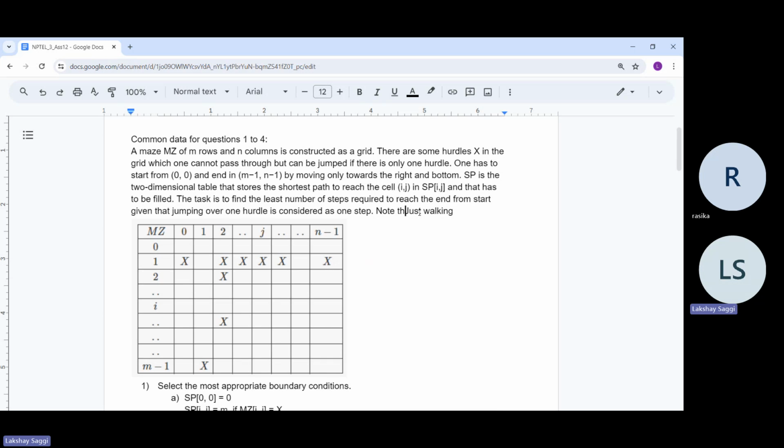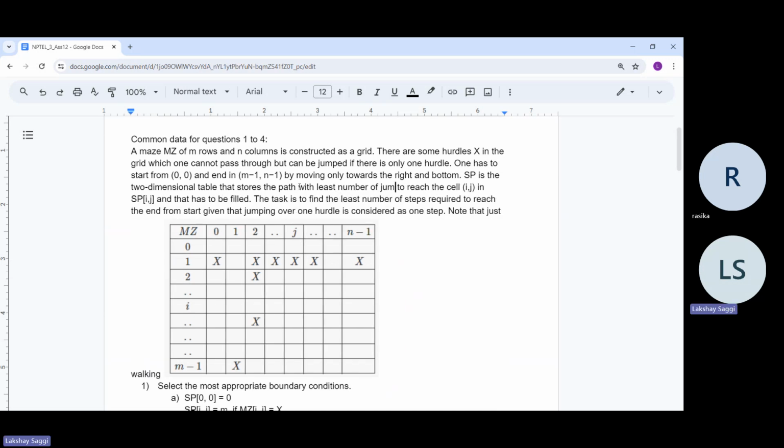So I just want to make this clear in the question itself that we want to count just the number of jumps. The path with least number of jumps to reach the cell I comma j. The task is to find the least number of jumps required to reach the end from start.